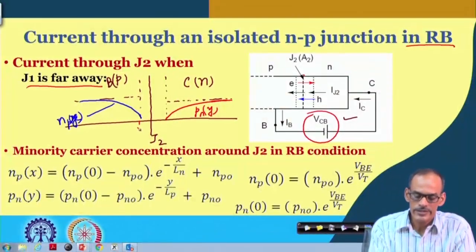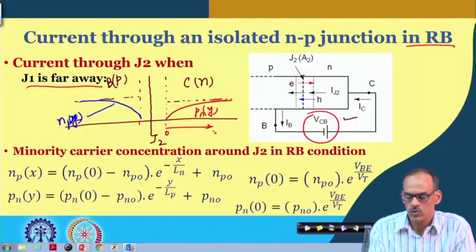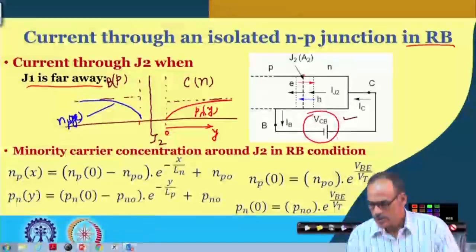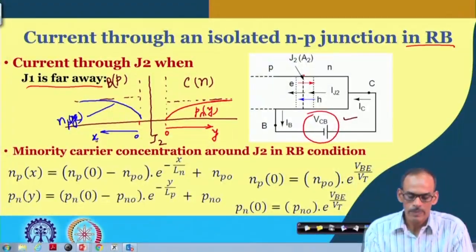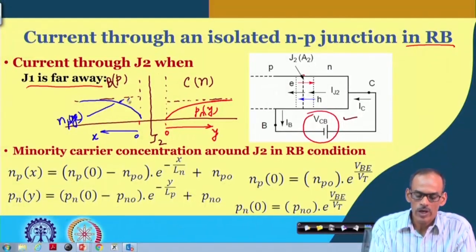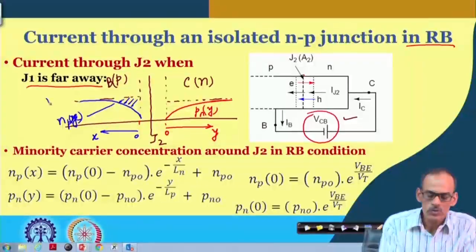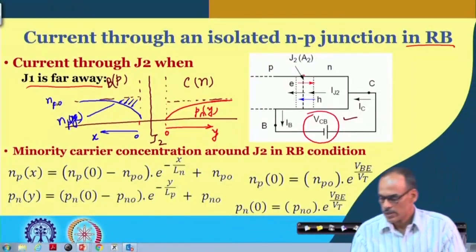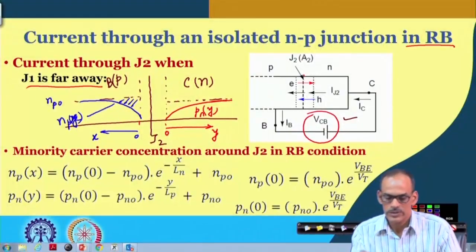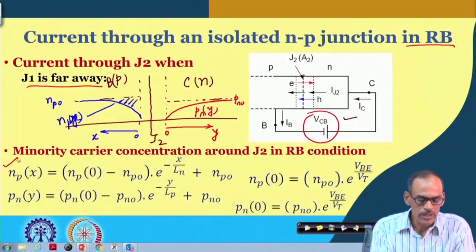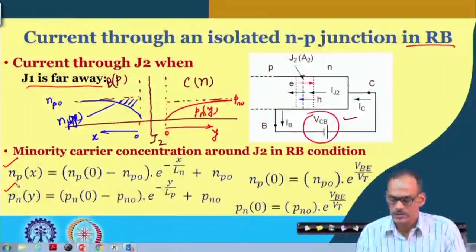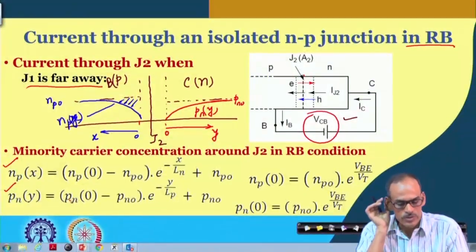Now, y is going from the edge dipping into the collector region, and x is going from 0 dipping into the base region. So, we now have a deficit with respect to n p naught, and on this side it is p n naught. But the expression here remains the same.